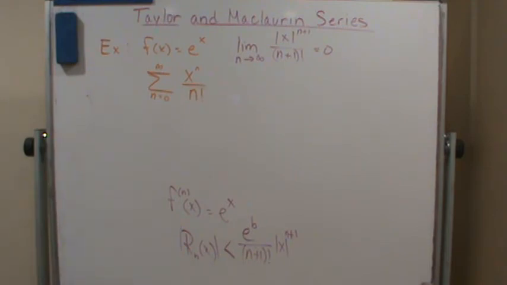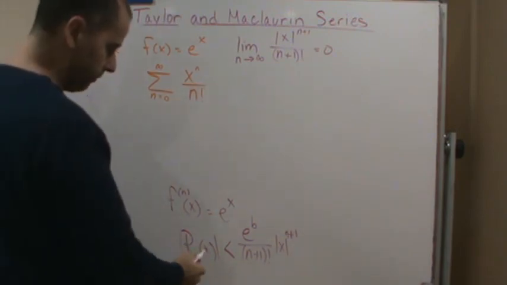Now, this is true for any real number x. If we combine this fact with the squeeze theorem, then the result is that the limit of the remainder has to be 0.